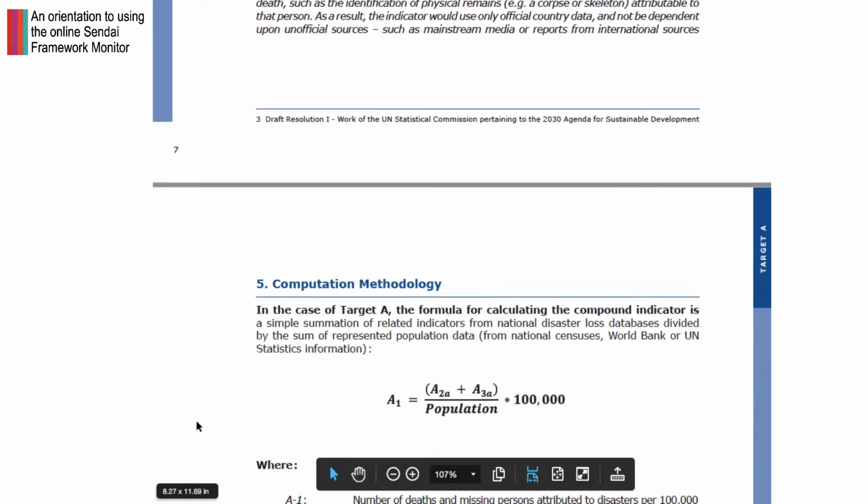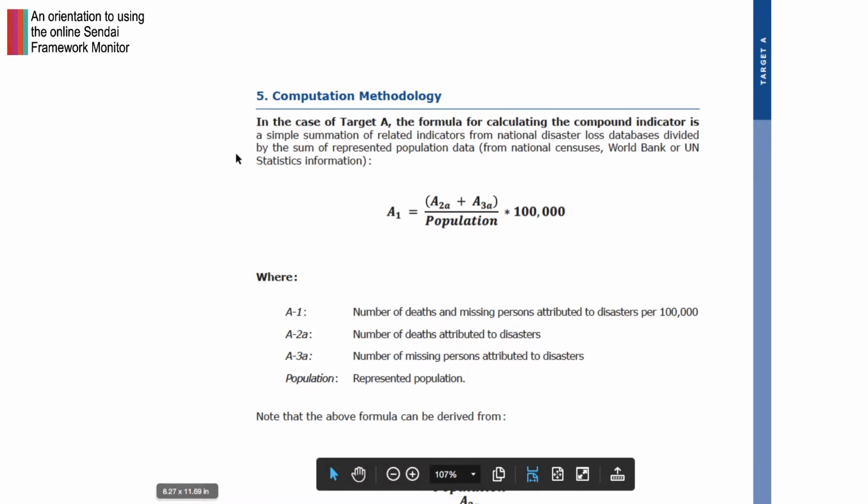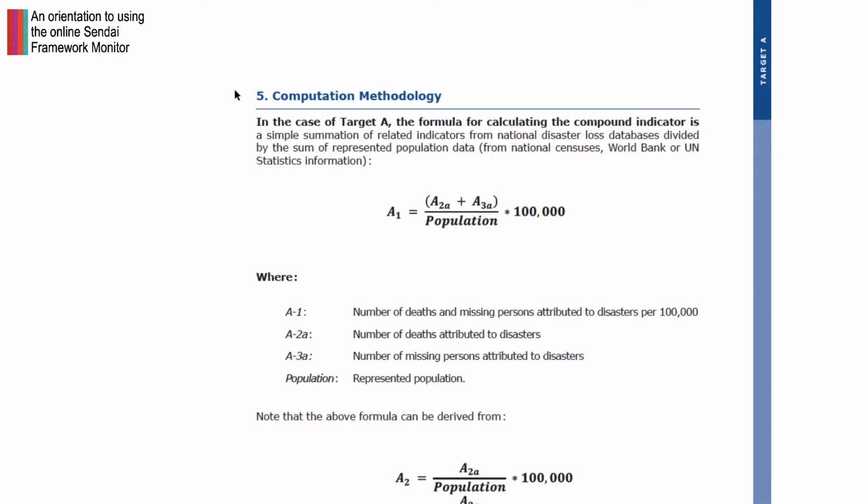After definitions and terminology, you can find computation methodology. This section can be intimidating, but not to worry, you do not need to make these calculations yourself. The purpose of this section is to show you how the monitor system makes the calculations for you.